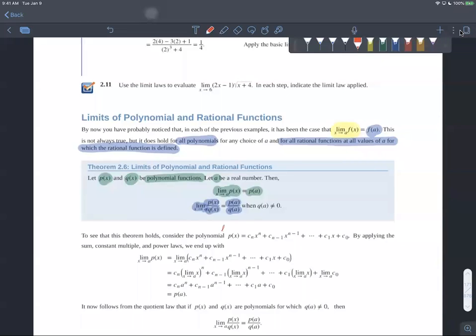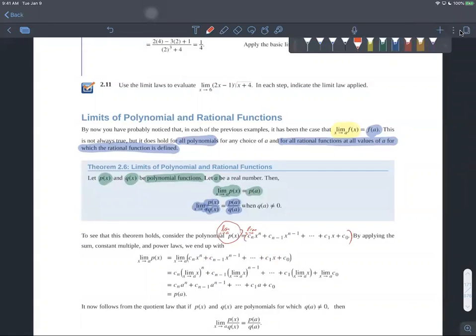So we apply the limit as x approaches a to the left-hand side, and we also need to apply the limit as x approaches a to the right-hand side. So when we do that, here's a sum of a bunch of terms. So we apply the sum law, and that lets us add up limits.